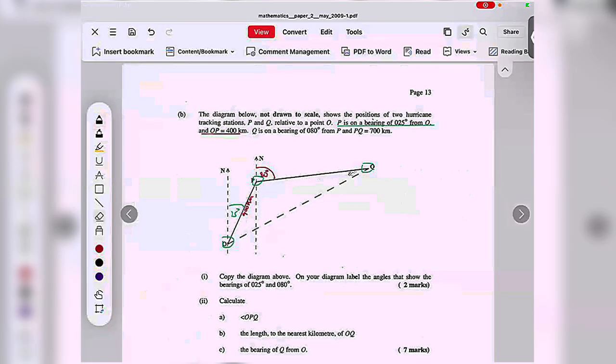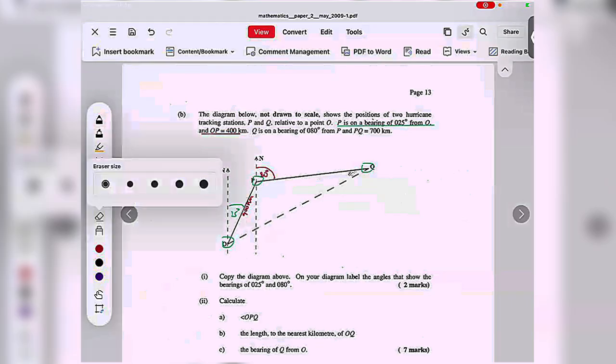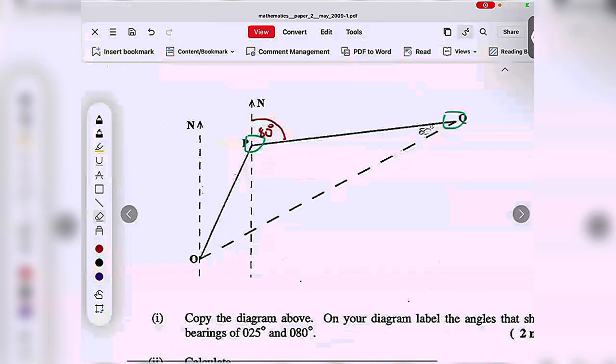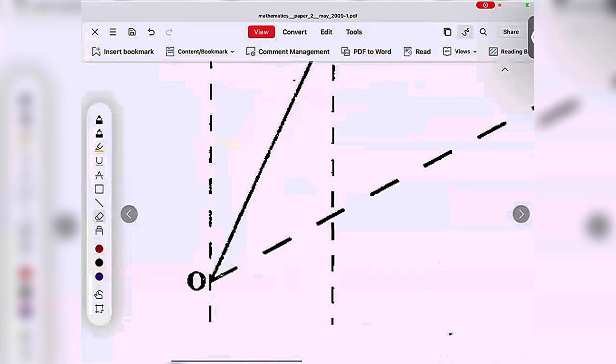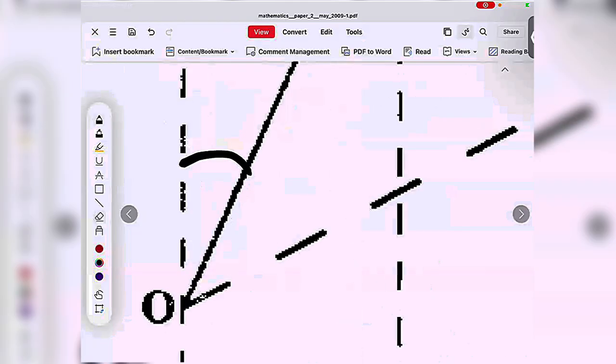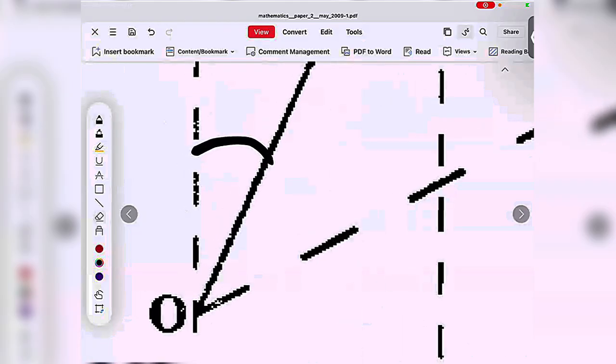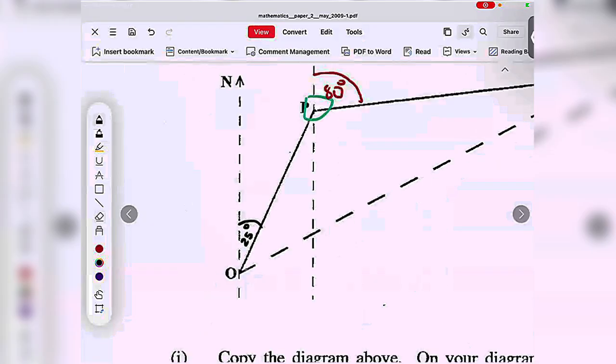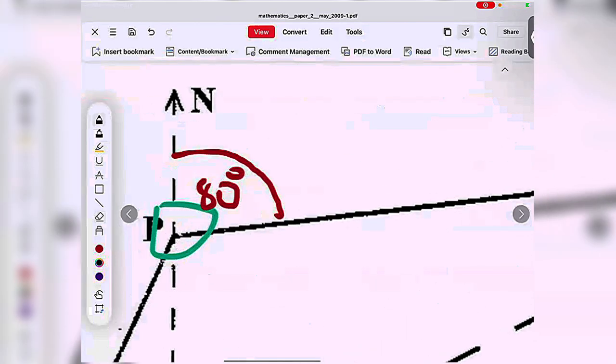So put that 80 there. All right, continue now. Hold on, let me neat up this a little bit. Give me a second, guys. So this angle right here is 25. And this angle right here is 80.